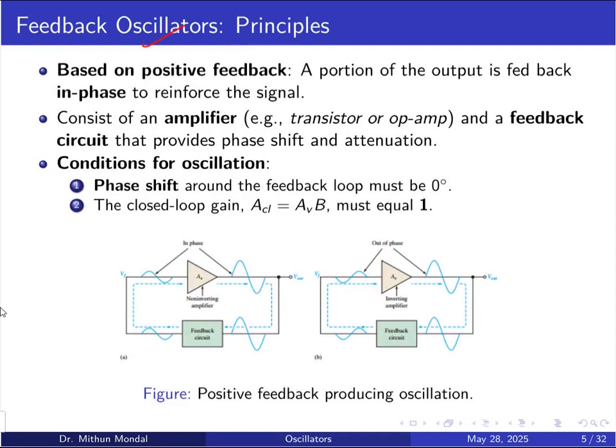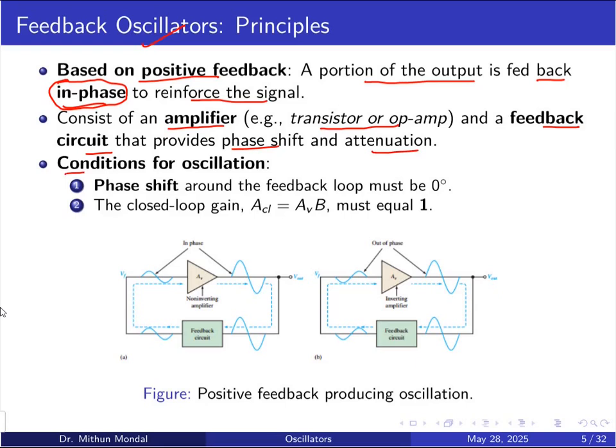Feedback oscillators are based on positive feedback of the input signal. A portion of the output is fed back in phase to reinforce the signal, so output and input are in phase. It consists of an amplifier, usually a transistor or op-amp, and a feedback circuit that provides the phase shifting and the attenuation.